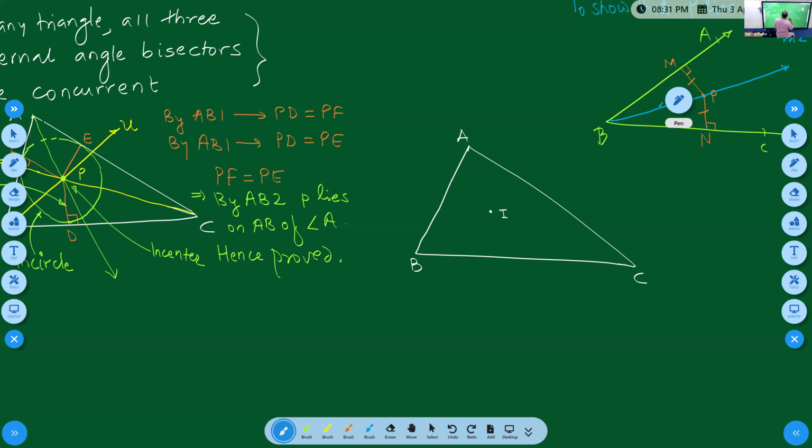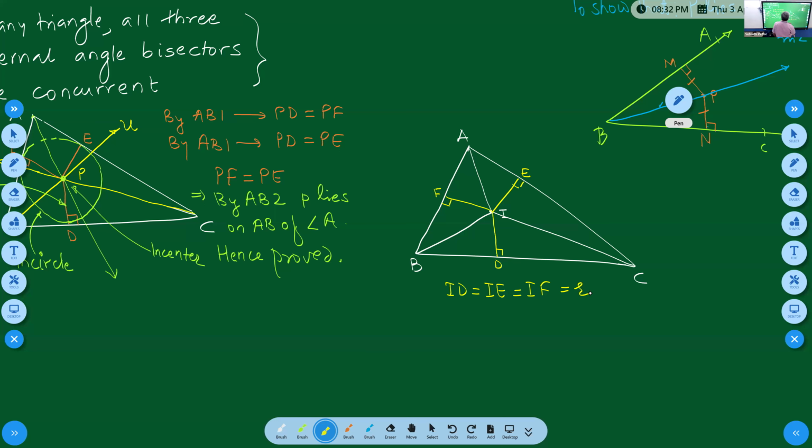So let me draw those angle bisectors. They pass through I, and then we know that ID, IE, and IF are congruent. ID is equal to IE is equal to IF is equal to small r. The notation for this is small r.